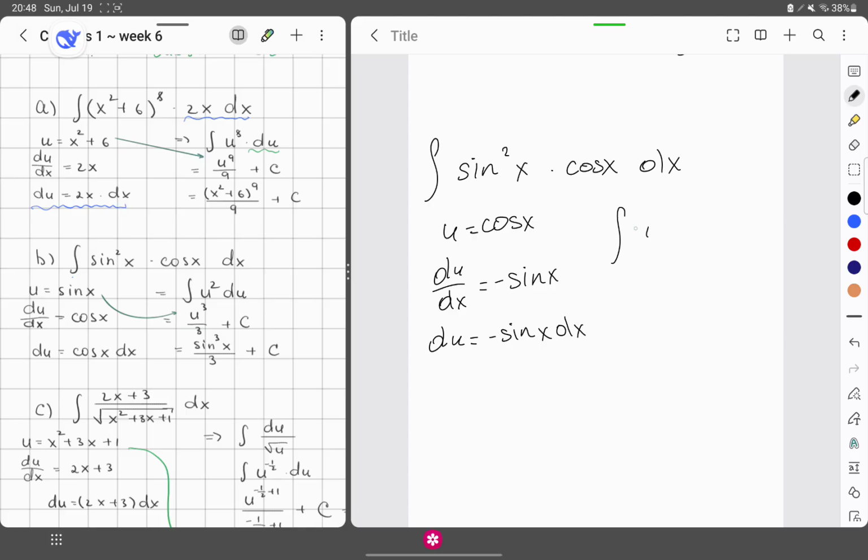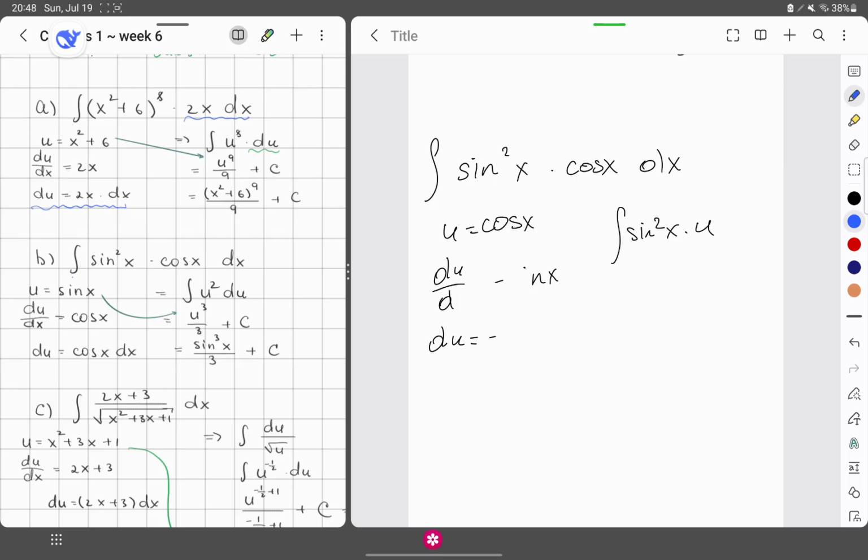Sine square x times cosine x will be u dx, cosine x dx, sorry. We don't have cosine x dx. Okay, there is an error. So yeah.